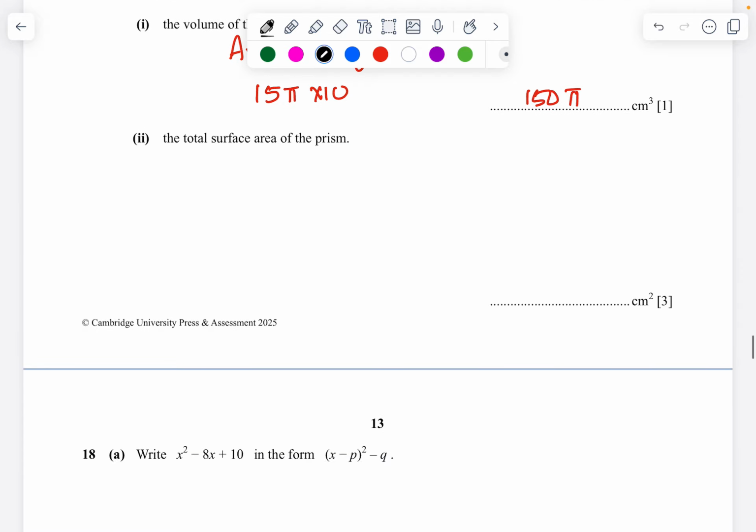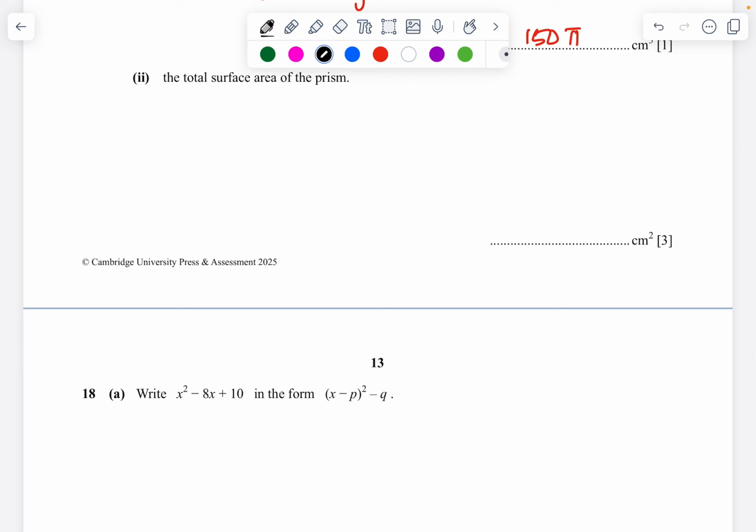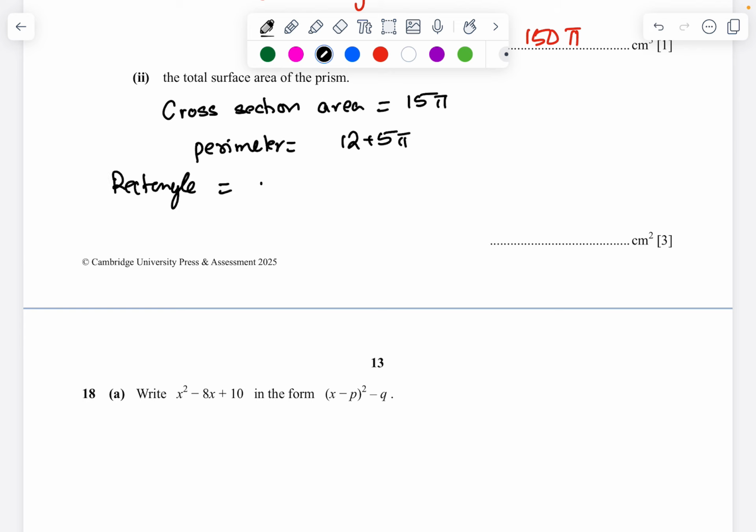So what will be the total surface area? We know the cross-section area equals 15 pi. Perimeter equals 12 plus 5 pi. So rectangle side area will be equal to perimeter times length, which is 12 plus 5 pi times 10, which is going to be 120 plus 50 pi.